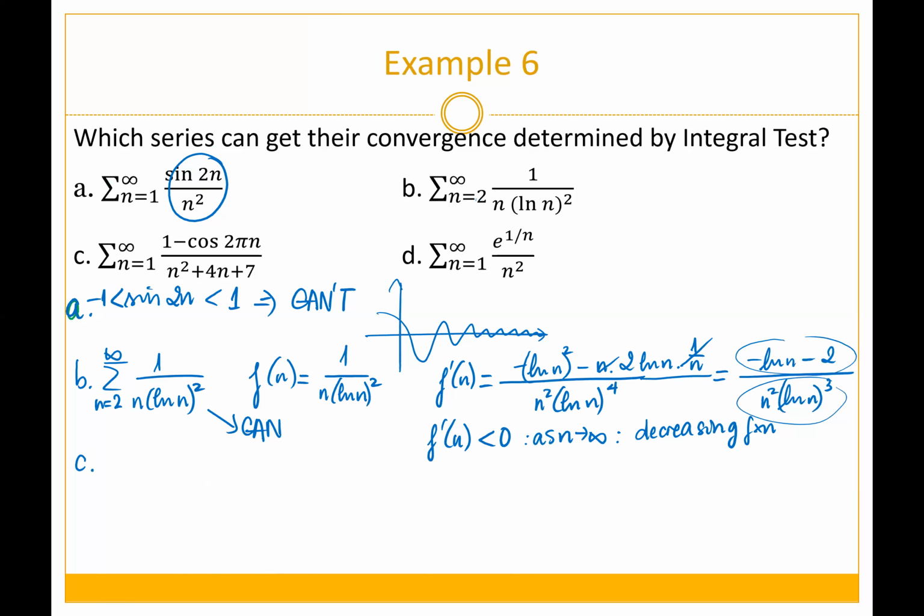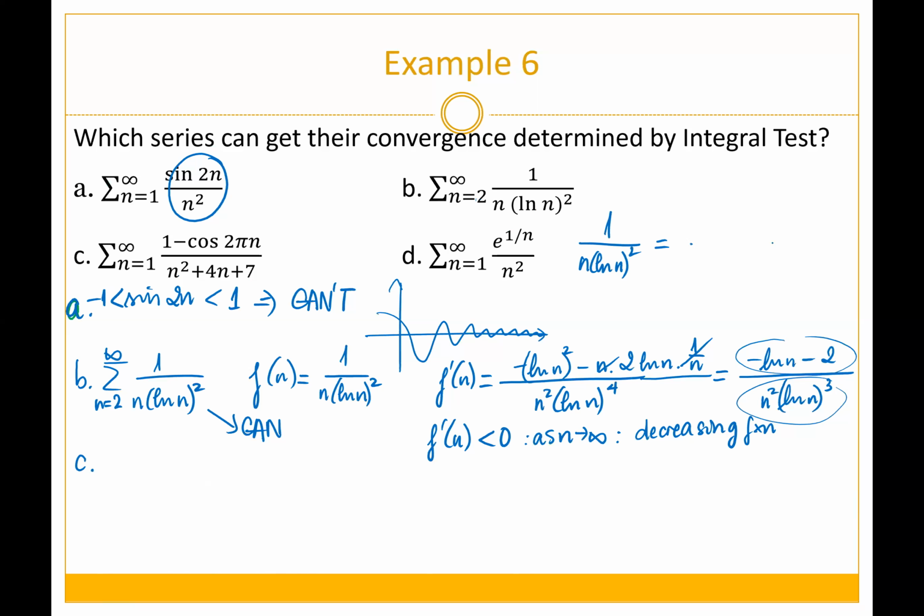Okay, I have a little question. What is your question? How did you find the numerator? So if you have 1 over u, this is a quotient rule, so you have n ln of n squared.